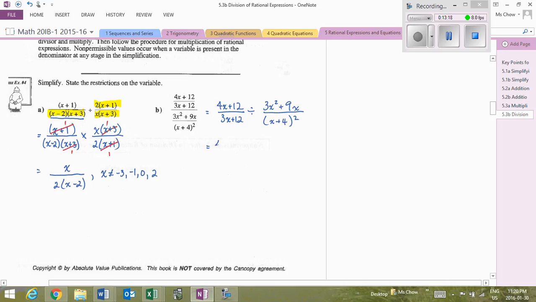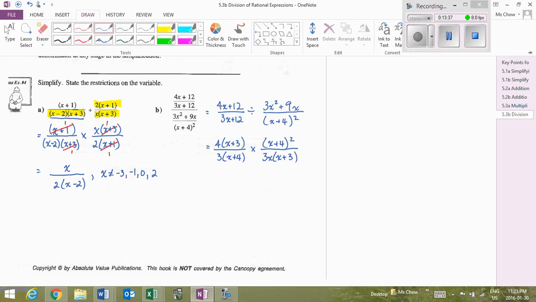So we've got 4 times x plus 3 over 3 times x plus 4 multiplied by x plus 4 all squared, and that is over 3x times x plus 3.